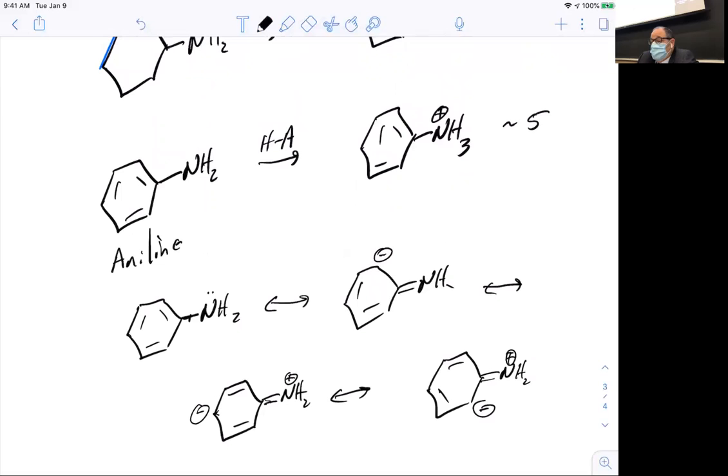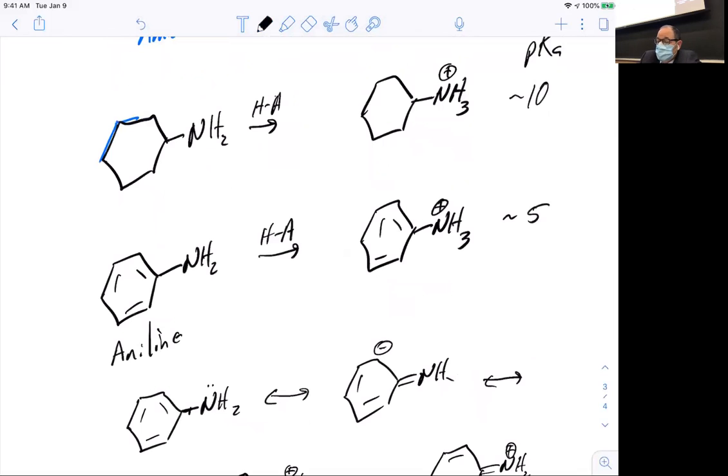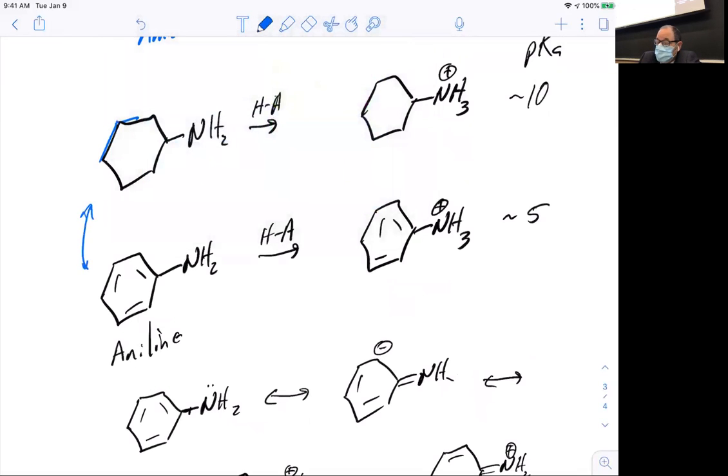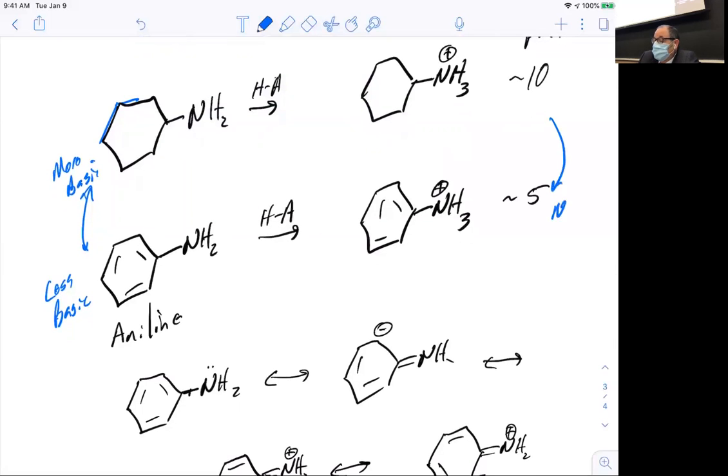So when we go to aniline, we get a higher acidity of the conjugate acid. So that means that aniline is less basic. Right, because this is more acidic.